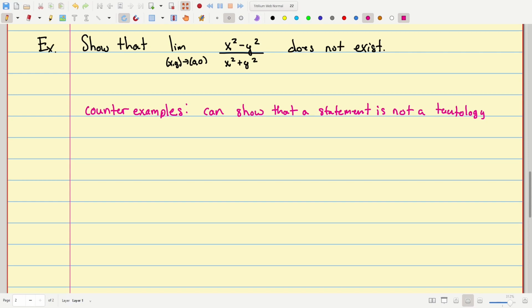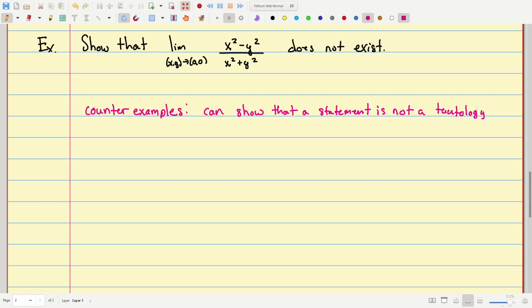It is not acceptable on things like the true-false questions on our exam that we just took, for instance, to provide an example where something works and use that as proof that it's a tautology. Does that make sense? Proving that something's always true is harder, right?